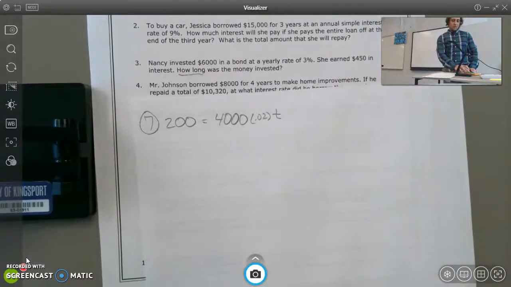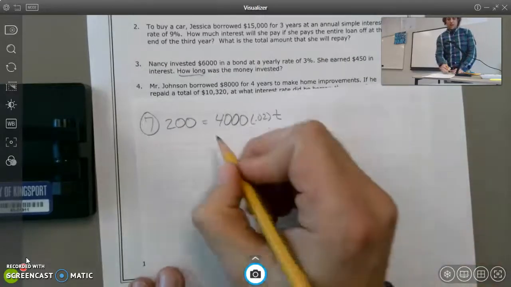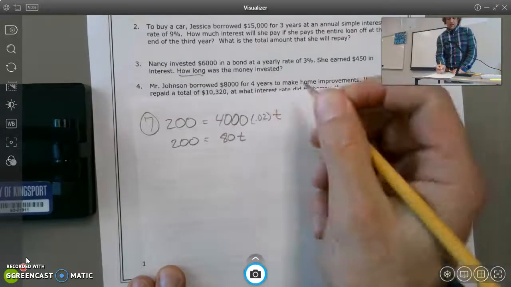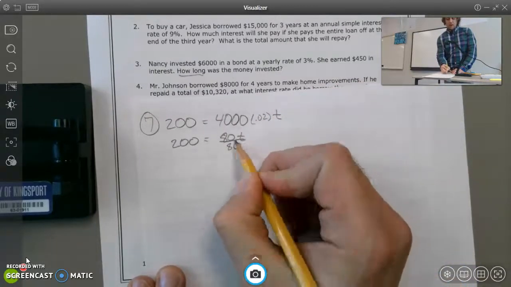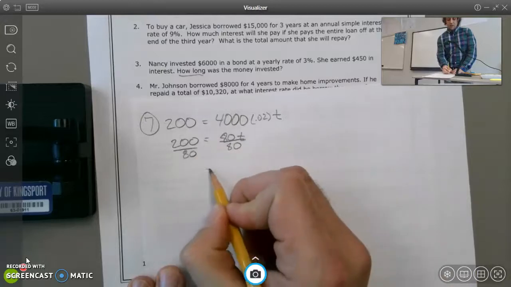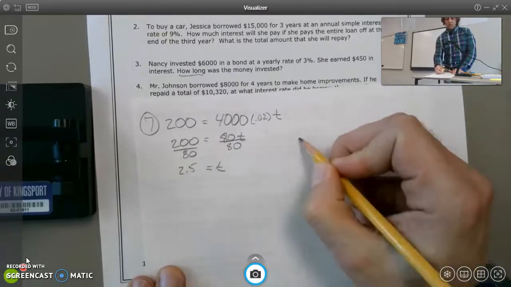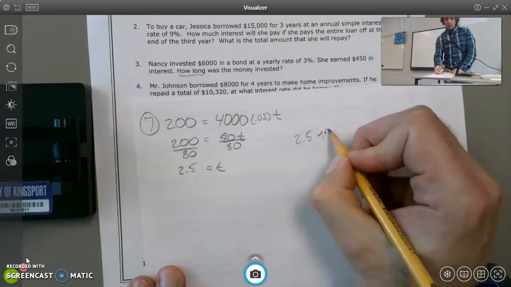Again, the first step is to simplify on the right side, so 4,000 times 0.02 is going to be 80. 200 is equal to 80t. If I divide both sides by 80 to isolate the variable of time, time is equal to 2.5 again, so the answer again is 2.5 years on this one.